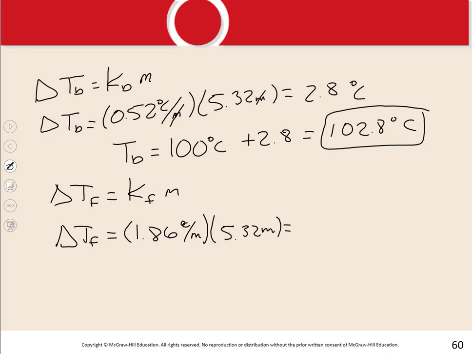So how much did the freezing point change by? 9.9? Yep. They rounded to 9.89.